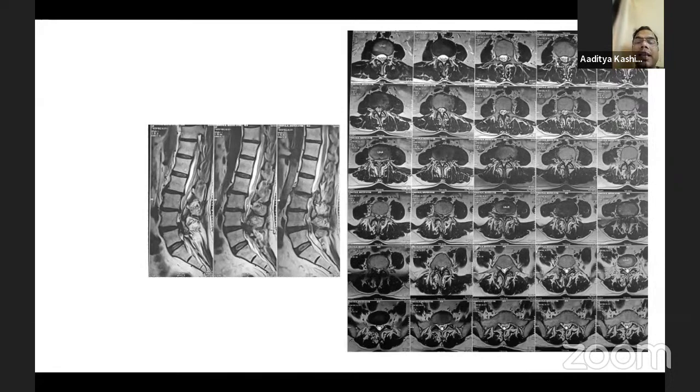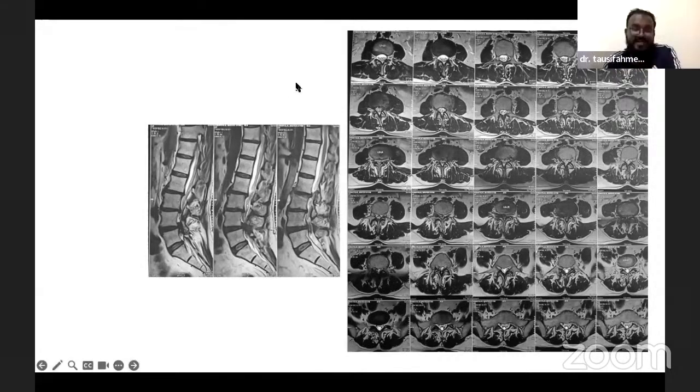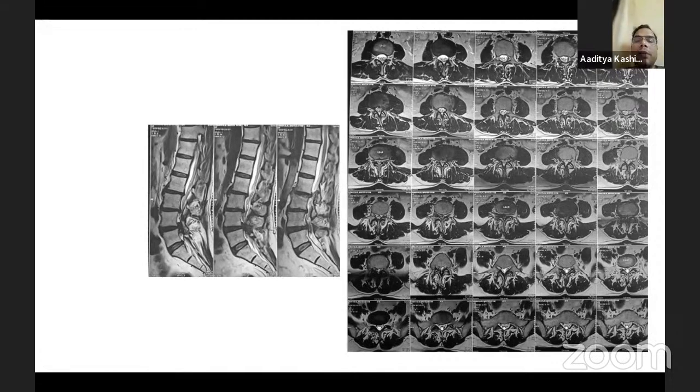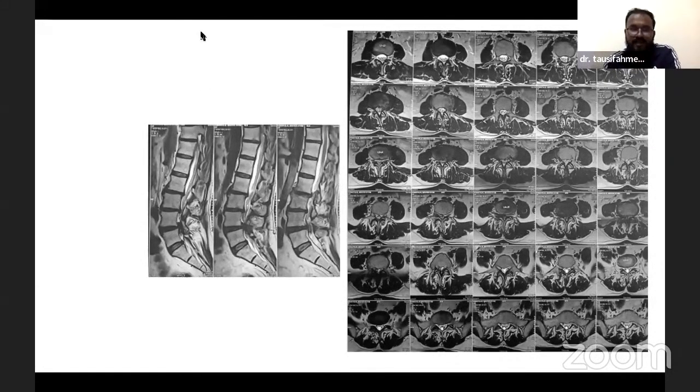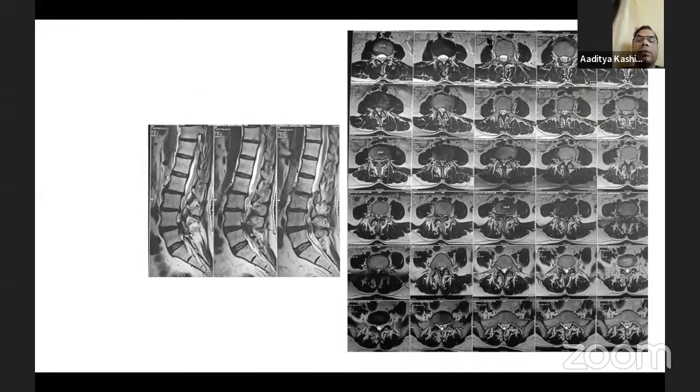What is the patient's age? 61. And leg pain is more than back pain. Yeah, leg pain is more than back pain. Okay, so I would like to do decompression from L3 to L5 and maybe the undercut at the L2 level in this particular case.